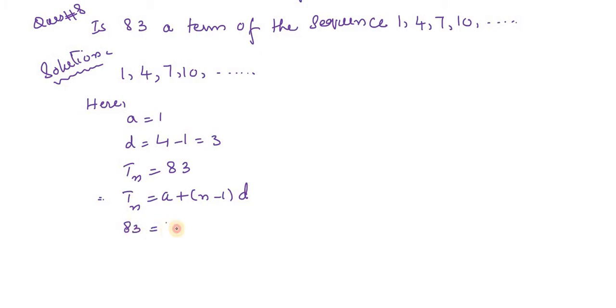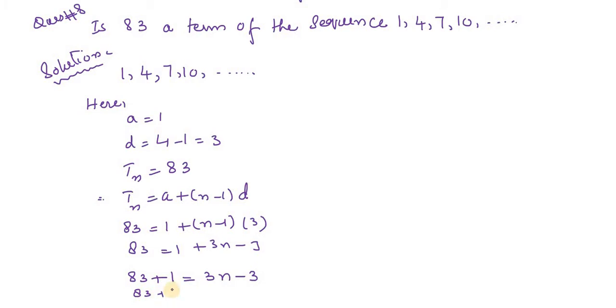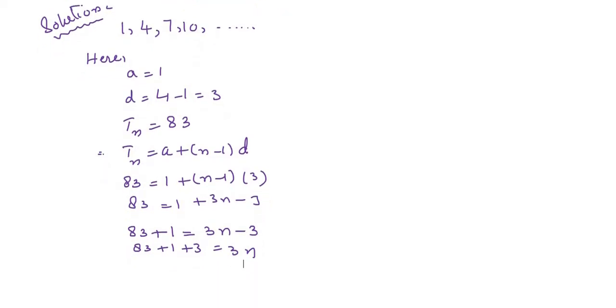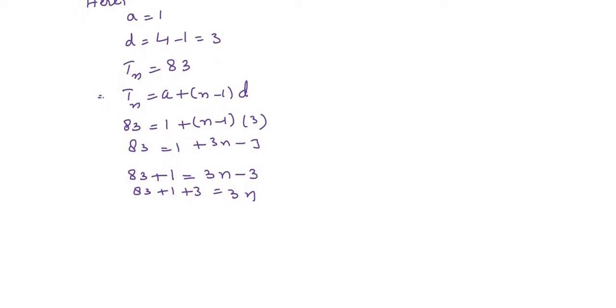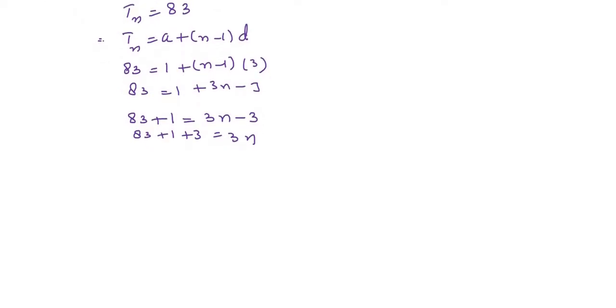Tn is 83, a is 1 plus (n minus 1), and d is 3. 83 is equal to 1 plus 3n minus 3. 83 plus 1 is equal to 3n minus 3. 83 plus 1 plus 3 is equal to 3n. So this is 87 upon 3.